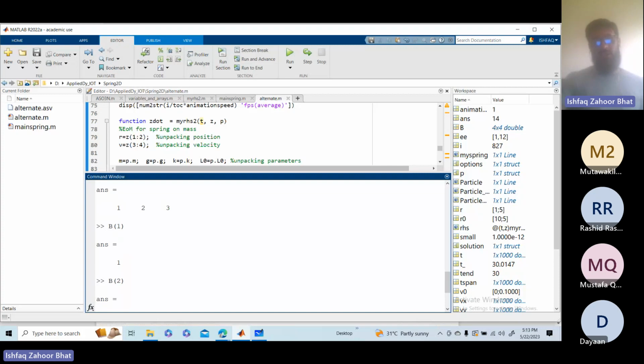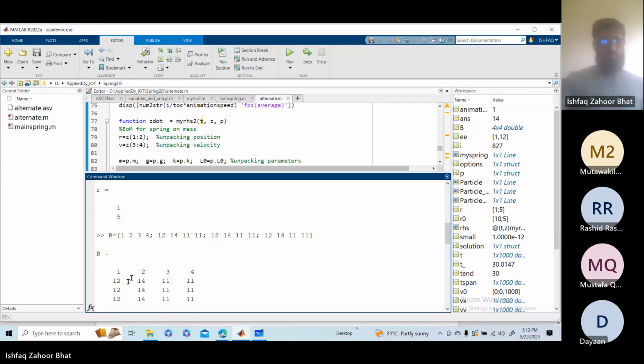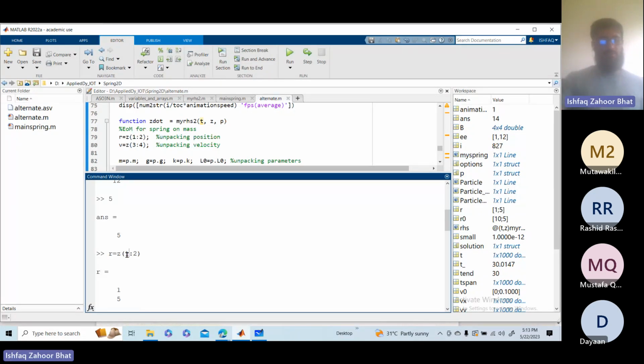So basically when you are typing Z of 1 to 2, it will return you the first and the second element.